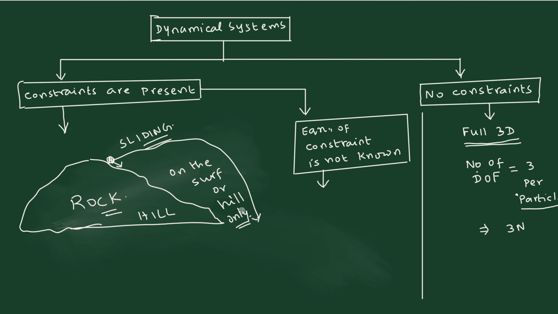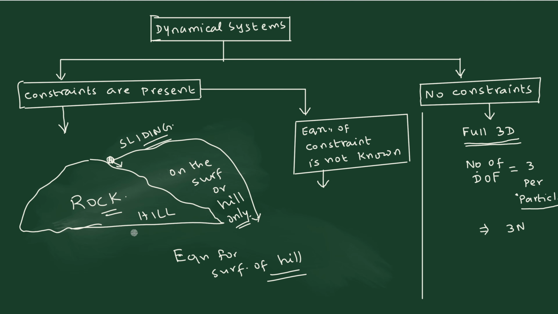But if you ask what the equation is, I don't know the equation of the surface. The hill surface that you have here, I will write down, for example: the equation for the surface of the hill is unknown because it is complicated.